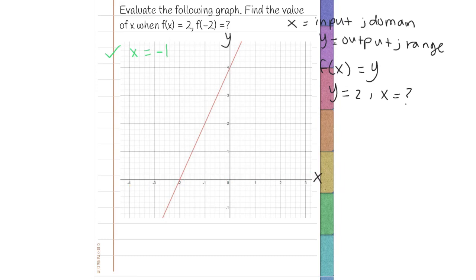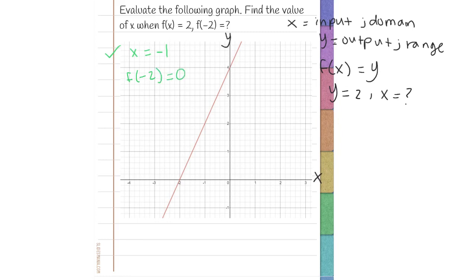Well, x is -2 right here. What's the y value when x is equal to -2? Well, let's look at the y value now. It's at 0, right? So we would write it like this: f of -2 is equal to 0.